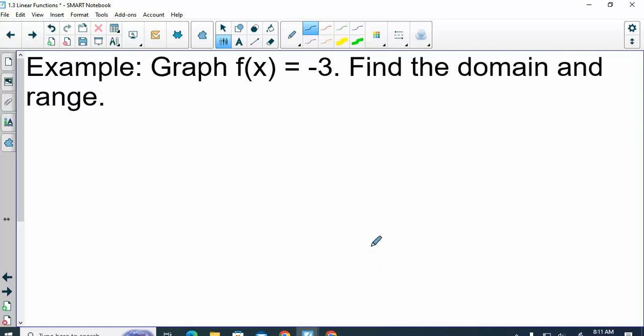Alright. Last one. f of x equals -3. f of x is the same as y, so it says y is -3. So if it's y equals a number, what kind of line is that? Horizontal.